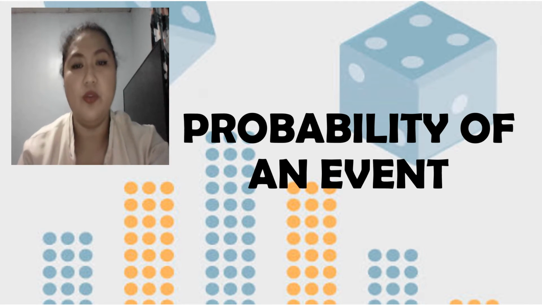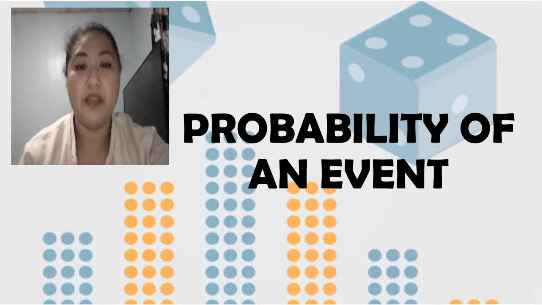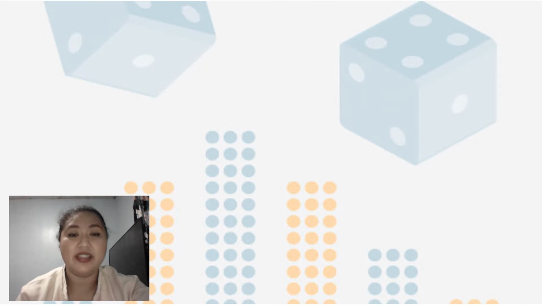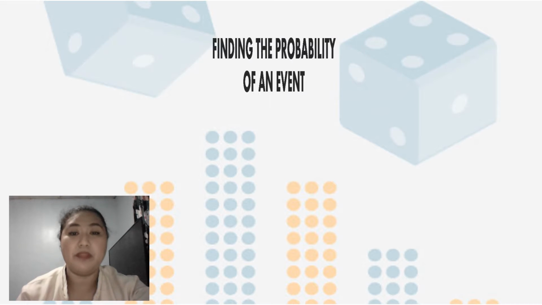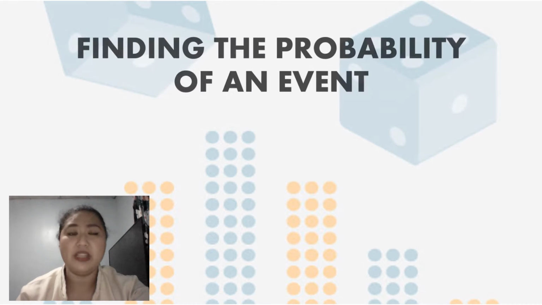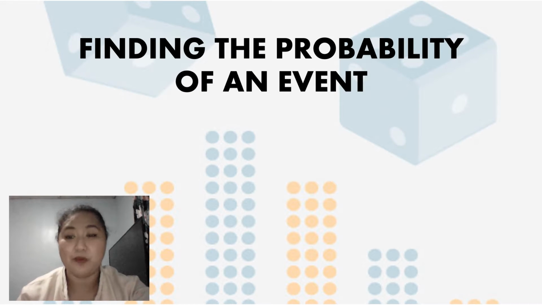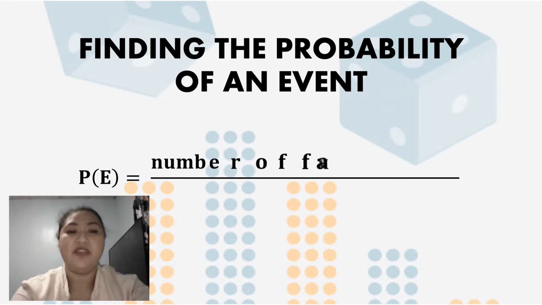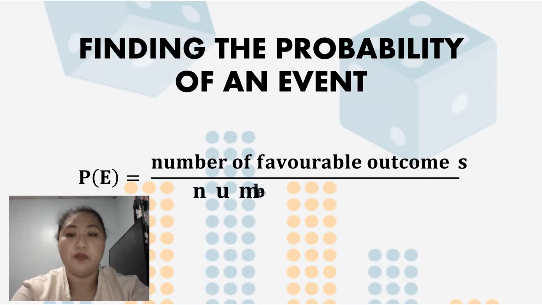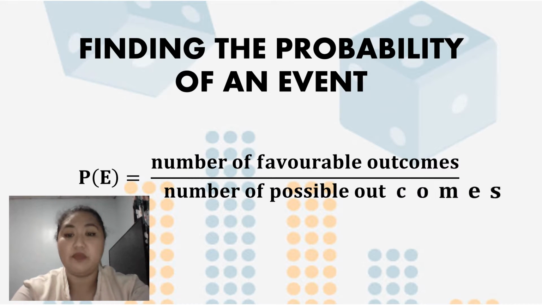Okay? So, proceed tayo sa next, yung finding the probability of an event. So, class, normally gumagamit tayo ng formula dyan para makompute natin yung chance na mangyayari yung isang bagay. So, here's the formula. P of E is equal to the number of favorable outcomes over the number of possible outcomes.